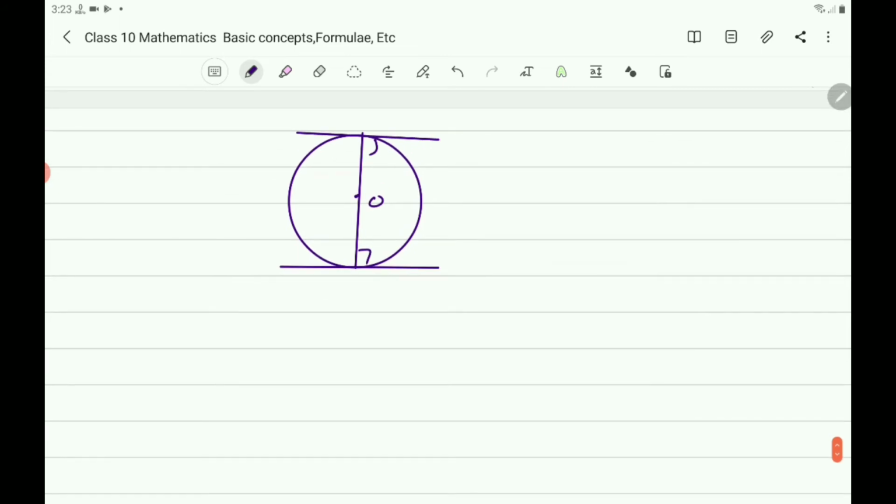Write: the tangents drawn at the ends of a diameter of a circle are parallel.